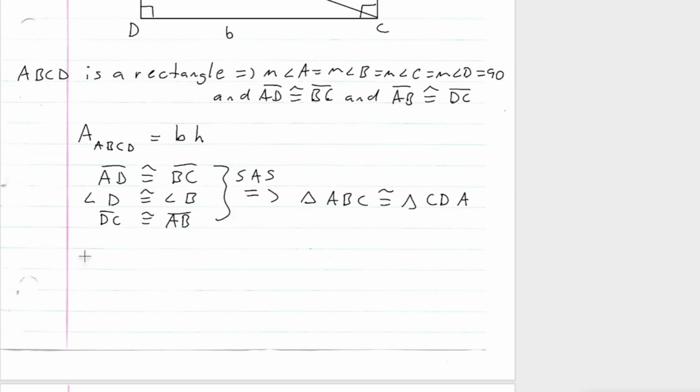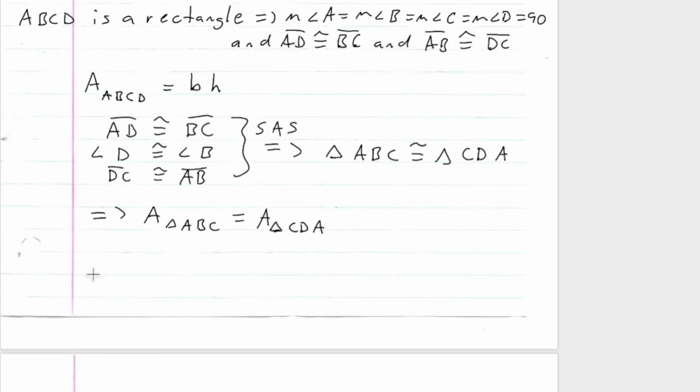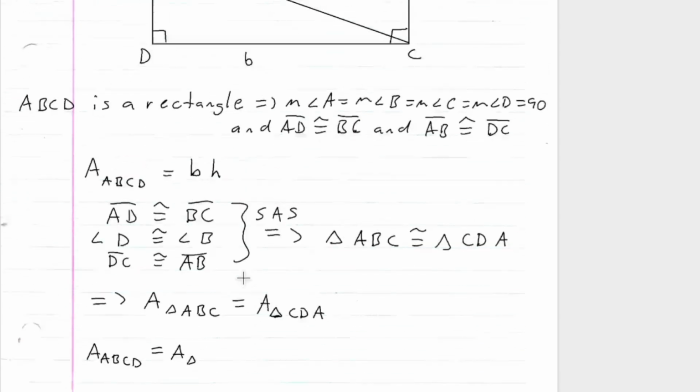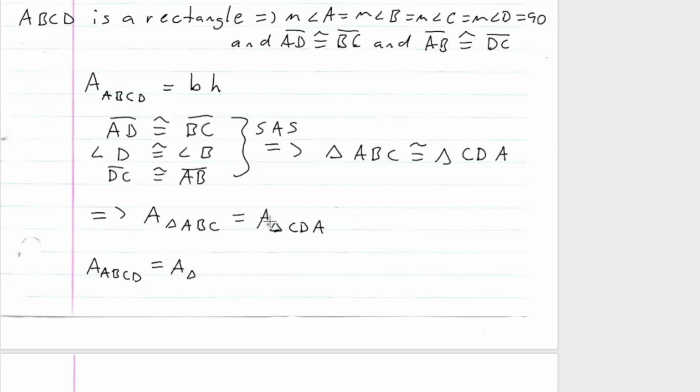If they're congruent, this implies that the area of triangle ABC is equal to the area of triangle CDA. Now we're going to tie in this. We know that the area of ABCD is the area of this triangle plus this triangle, the ones we showed were congruent.